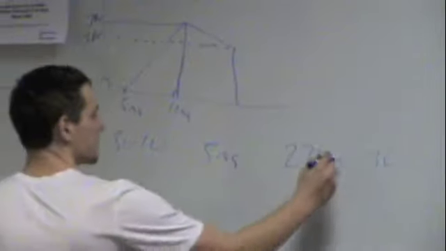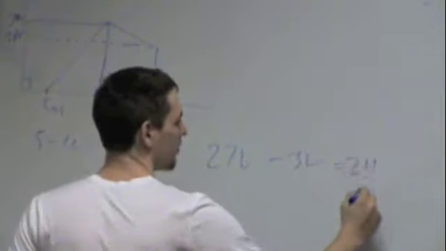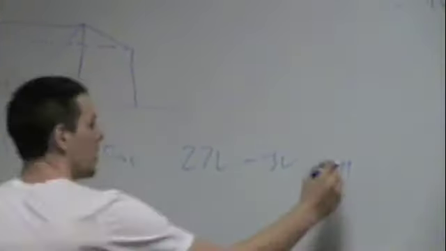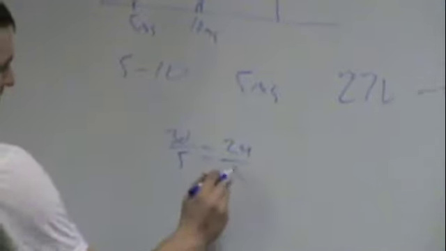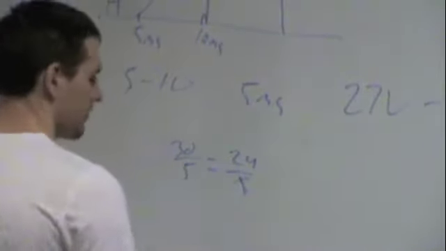So what we do is we take those numbers and we subtract them. So it's 27 minus 3 equals 24. And then we do a ratio. We know that it gets to 30 volts in 5 milliseconds. So 30 over 5 equals 24 over T. T is a proper variable for this problem.